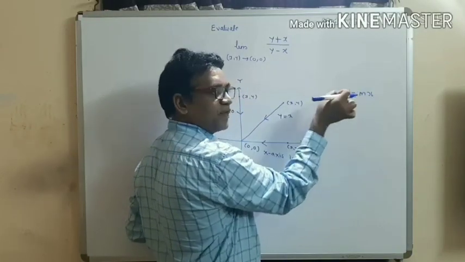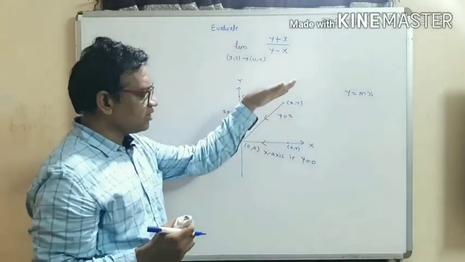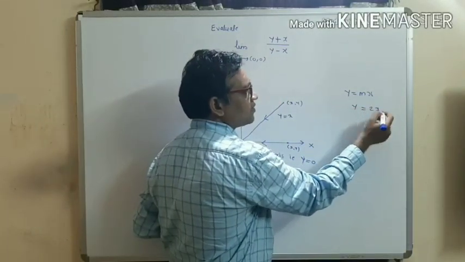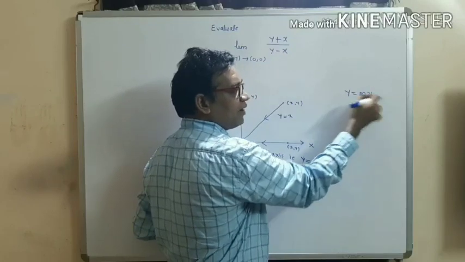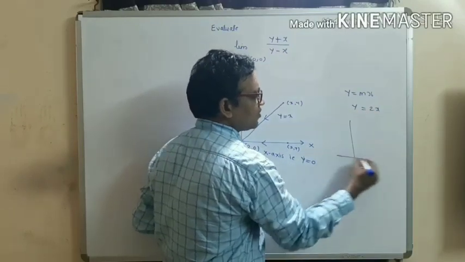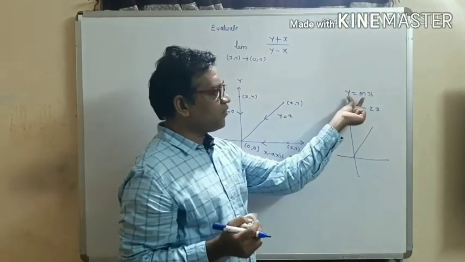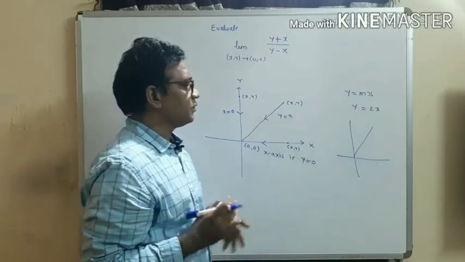If we take m = 1, then y = x, this is the required line. If we put m = 2, then y = 2x, this is the line. So the general equation is y = mx.